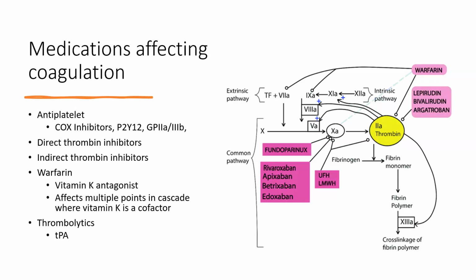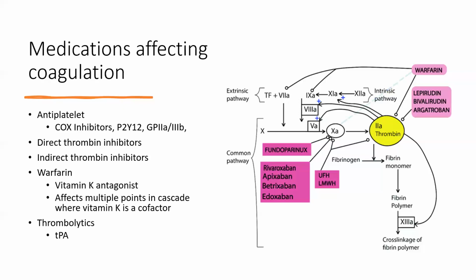Other medications we have are indirect thrombin inhibitors. Sorry, just to back up, some of the direct thrombin inhibitors you can see listed here are lepirudin, bivalirudin, and argatroban. Most of the direct thrombin inhibitors, I think, are IV medications. There are only a couple of oral ones. Indirect thrombin inhibitors usually function more on the activated factor 10 complex, which is required with factor 5 to then activate factor 2, or prothrombin.